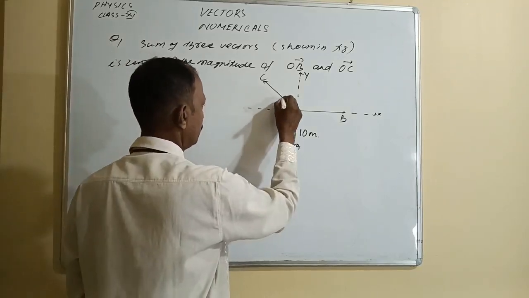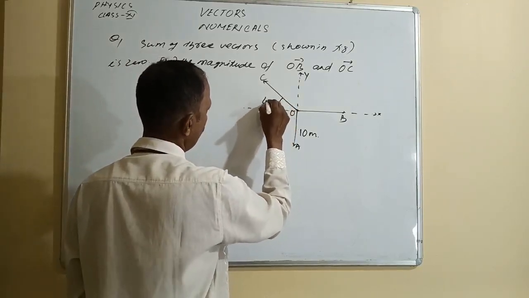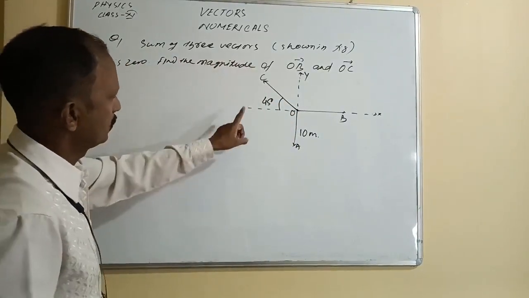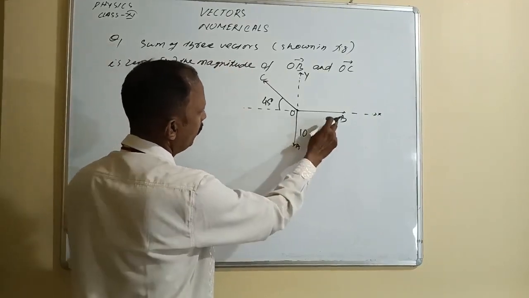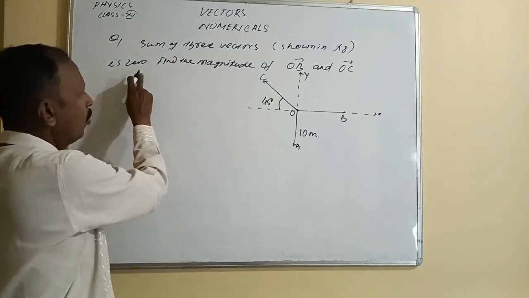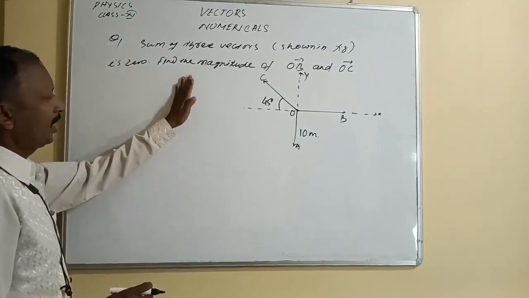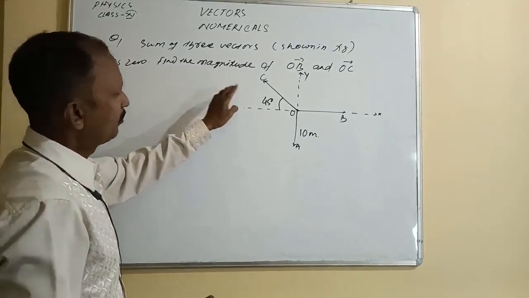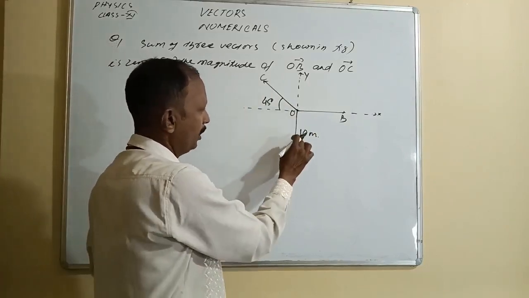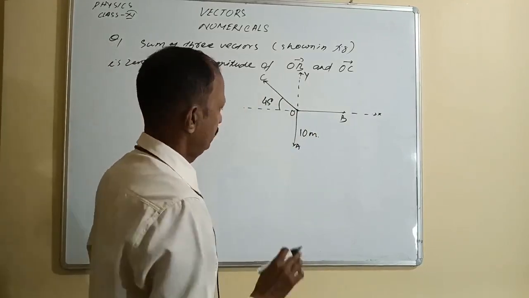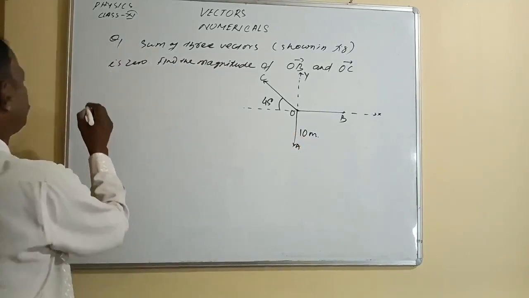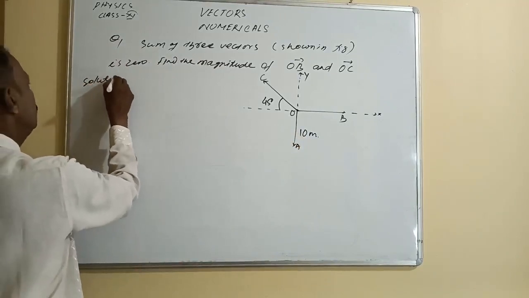And this angle is 45 degree. See here, the sum of three vectors OA, OB and OC is equal to 0. You have to find the magnitude of vector OB and vector OC, because vector OA is already mentioned in the figure, that is 10 meter. Okay, let us see.